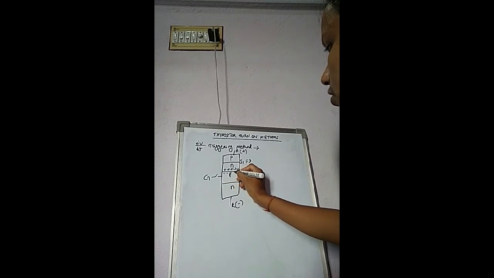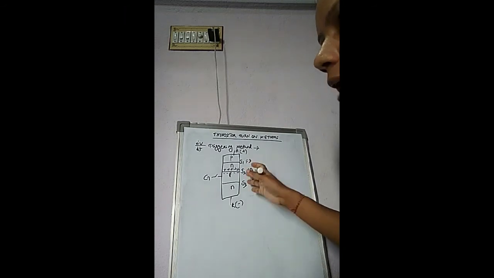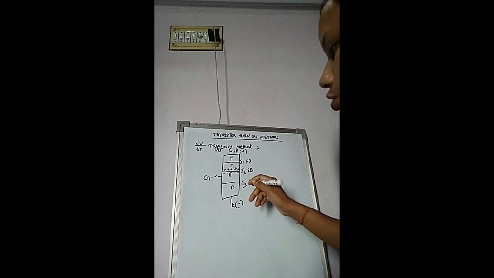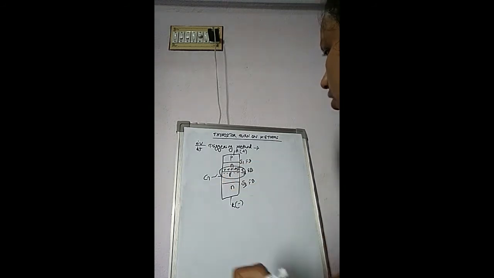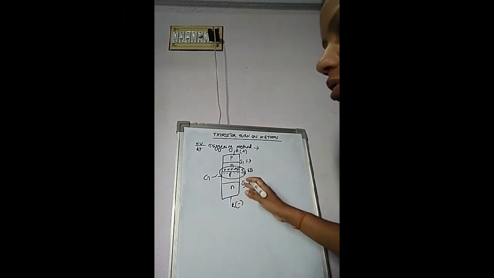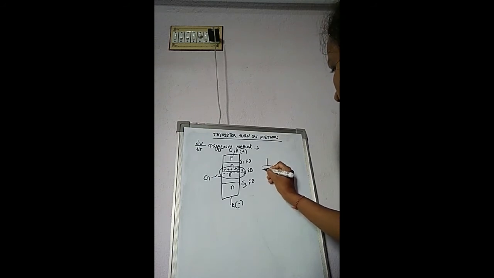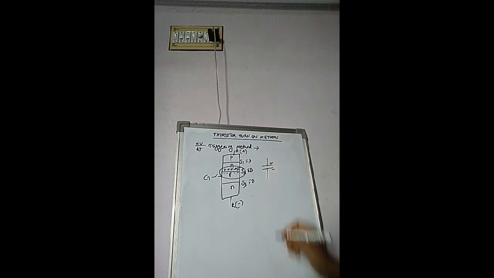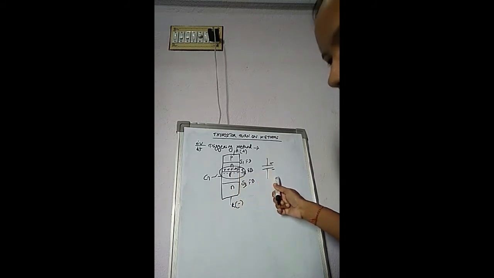So minority charges are stored here. Due to the charges existing across the junction, J2 has the characteristics of a capacitor, with a positive plate and a negative plate.